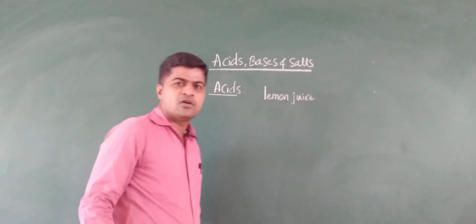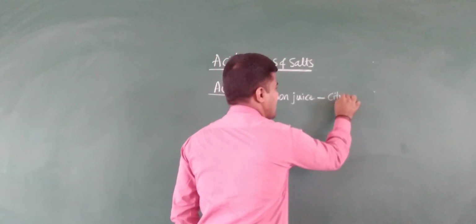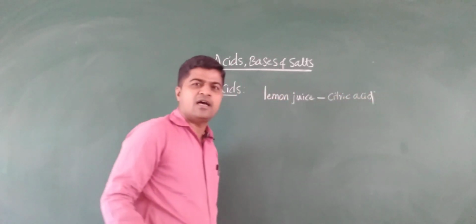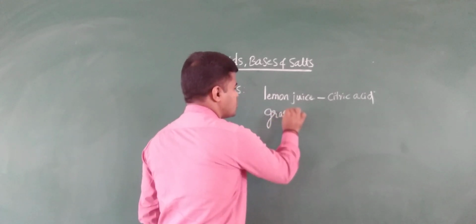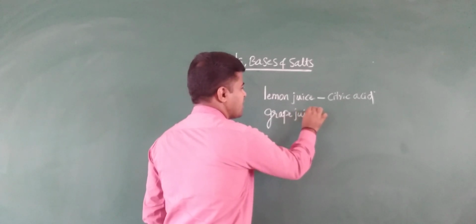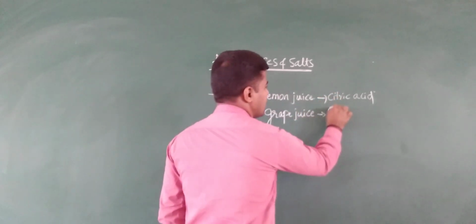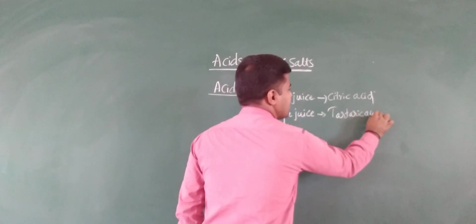Lemon juice has an acid called citric acid. Even you can take the grape juice. I think everybody knows about these juices. It has tartaric acid.